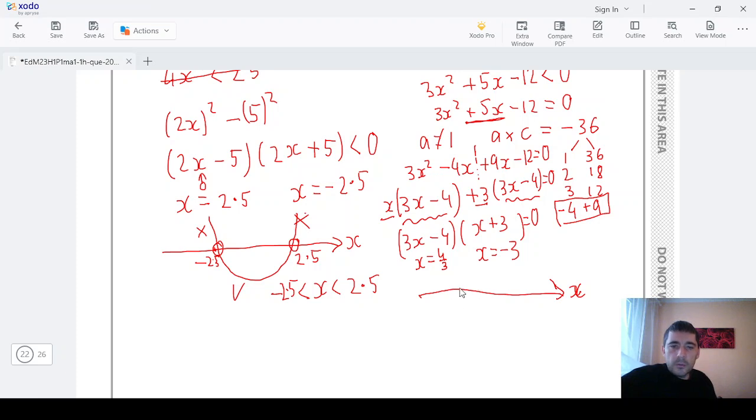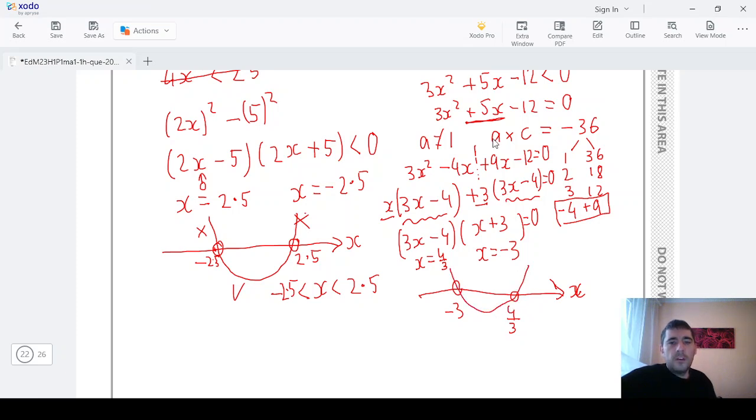I need to put my x at -3, and the other x at 4/3. Just a quick sketch on those points.